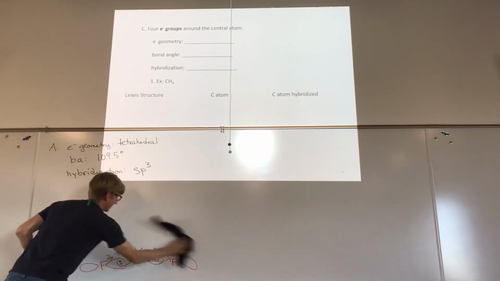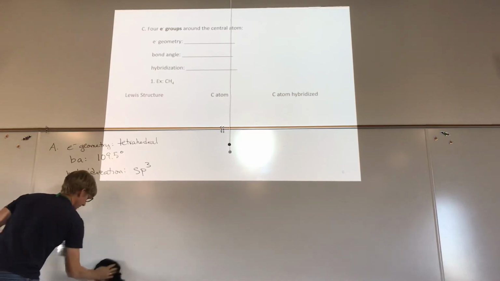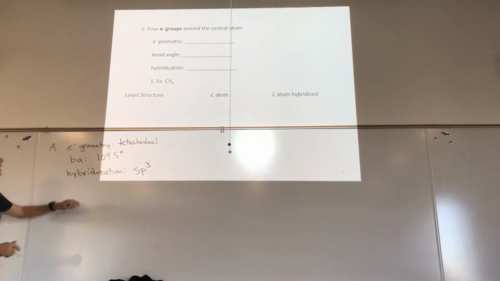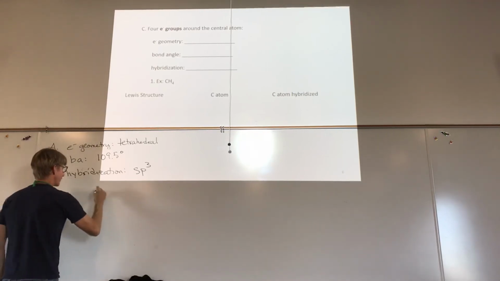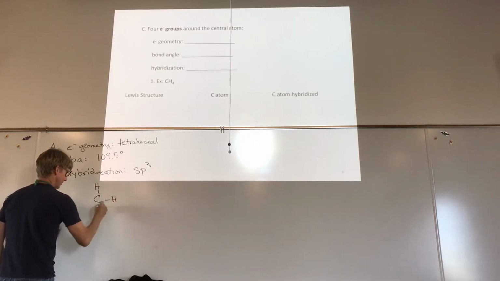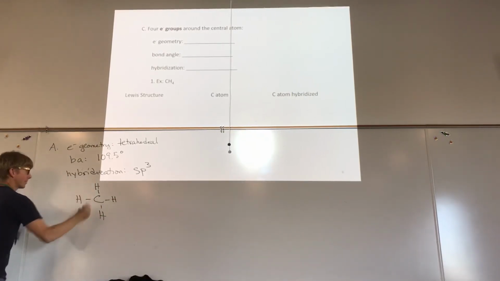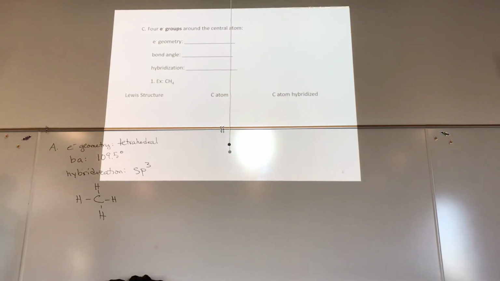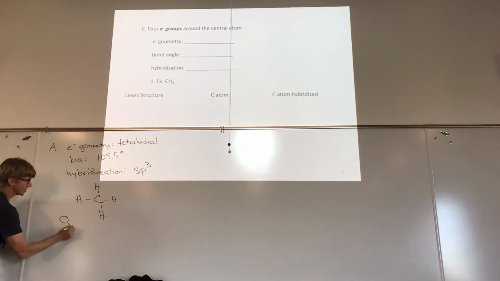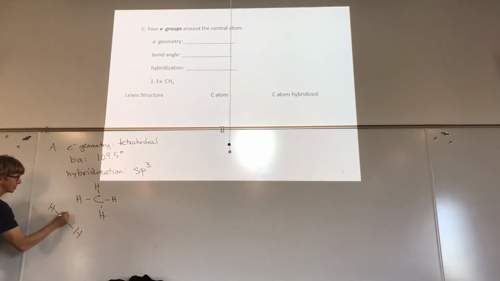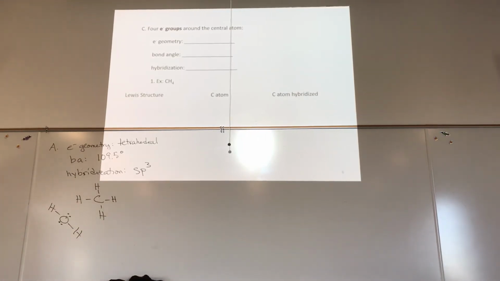Example is going to be methane, CH4. Surely it has 4 electron groups. Another molecule that has 4 electron groups around the central atom: water, H2O. But we're doing methane right now.